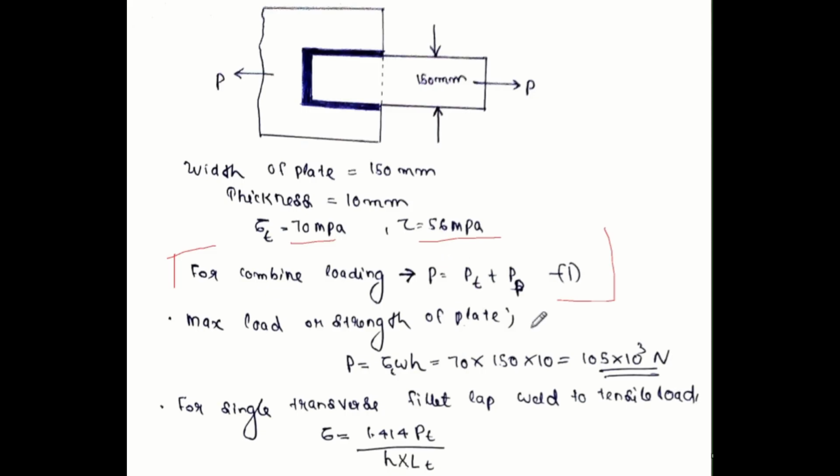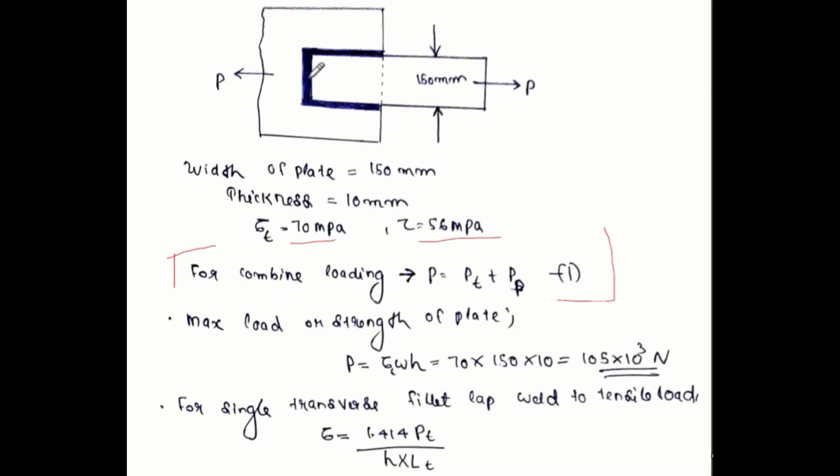Then I can write this equation: P is equal to PT plus PP. Here P means the maximum load or strength of the plate, PT is the load due to tensile stress, and PP is the load due to shear stress on the parallel weld. PT will act along the transverse weld, and the shear load PP will act along the parallel weld.